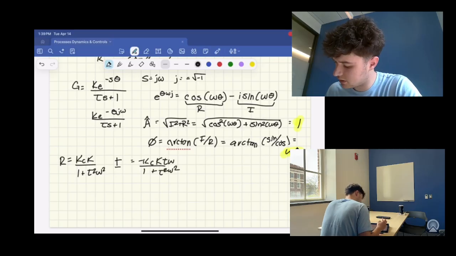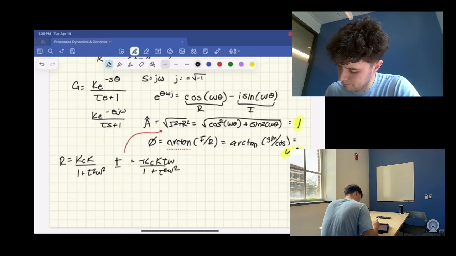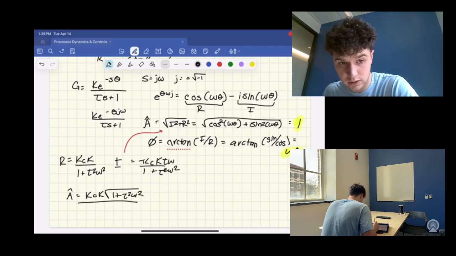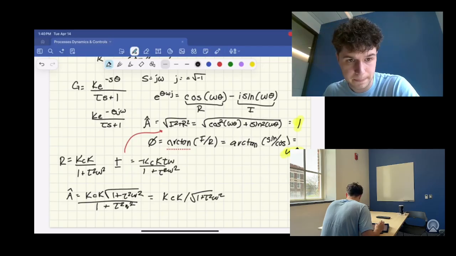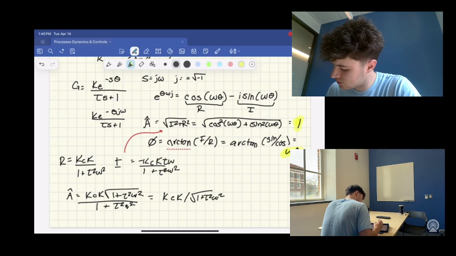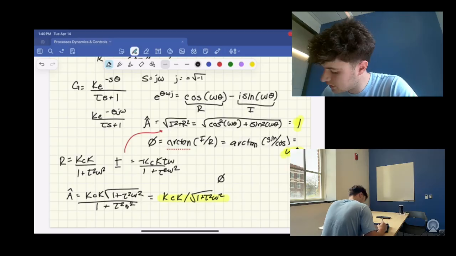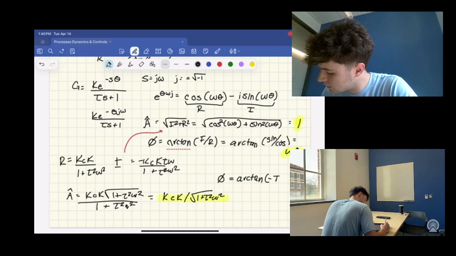And so what we're going to do is plug this into the equation right there to get a hat is equal to kc k times the square root of 1 plus tau squared W squared over 1 plus tau squared W squared, which then equals kc k over the square root of 1 plus tau squared W squared, which we will highlight. And then finally, you arrive at the phase equaling arctangent of negative tau W.